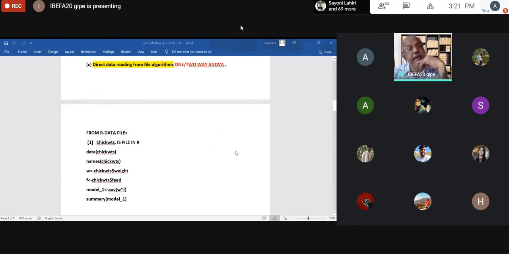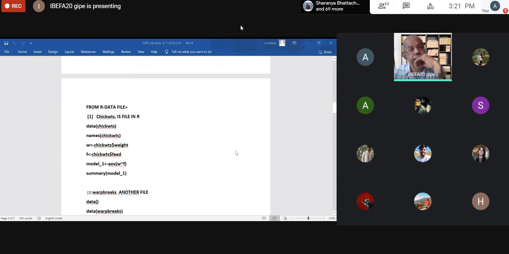But let us see the data chick weights. Just like the sleep data and car data, there is another file called chick weight.